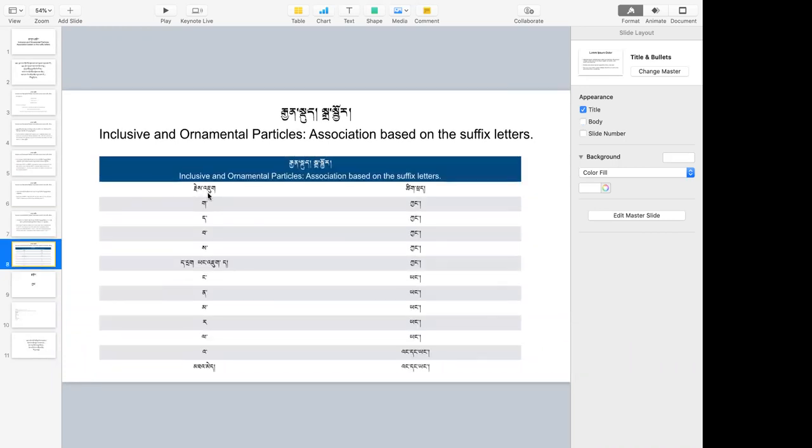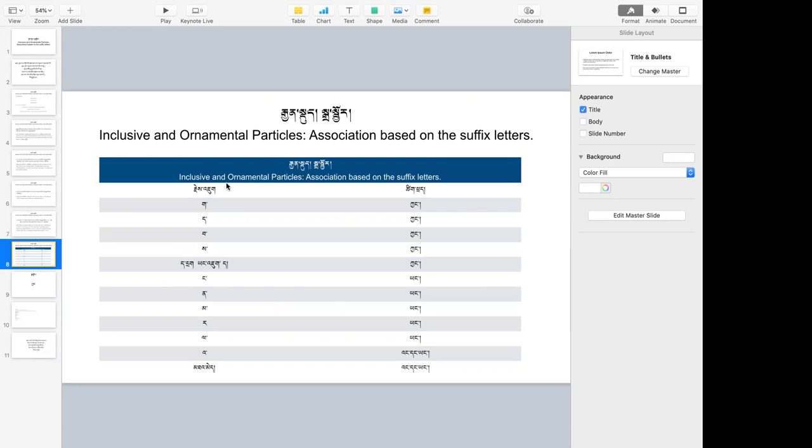So in inclusive and ornamental particles, association based on suffix letter. Jinju, which is the suffix letter, sikte, the particle. For suffix letters ka, ta, pa, sa, we have kyang, kyang, kyang, and kyang. For suffix ta, we have kyang.